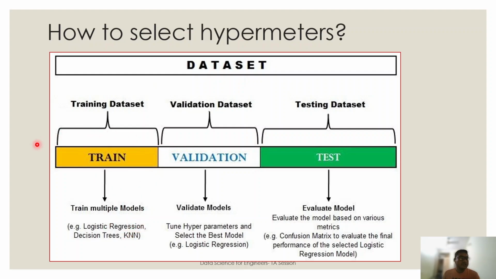So we take the training data and train the model with different hyperparameters, then validate with the validation data. Whatever model we get, we evaluate on the test data. Based upon the validation data, we choose the hyperparameter. But this is not always the case.